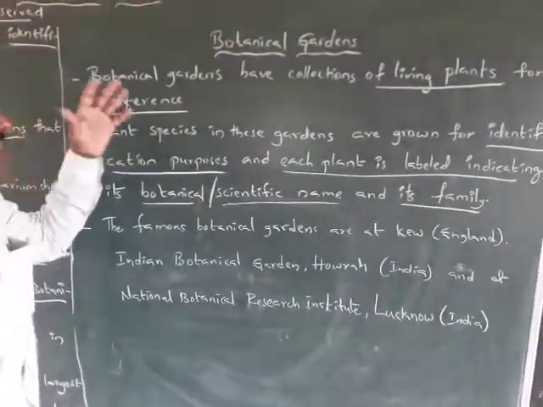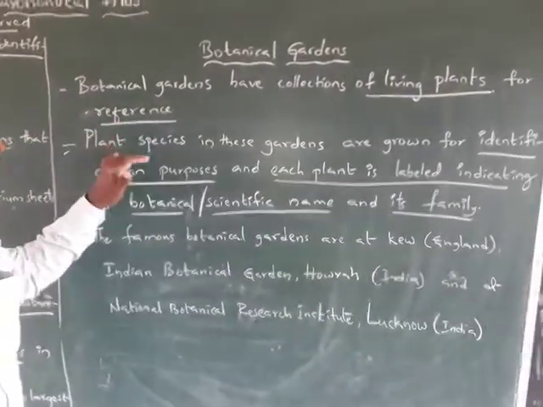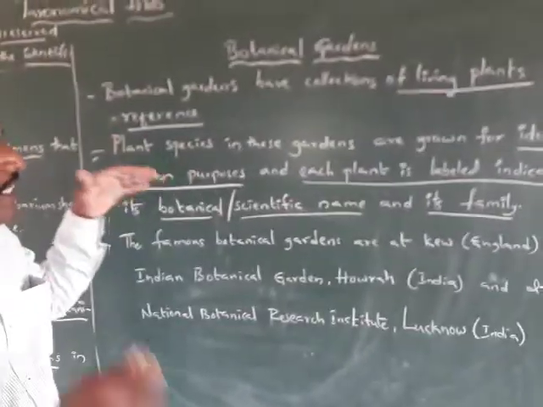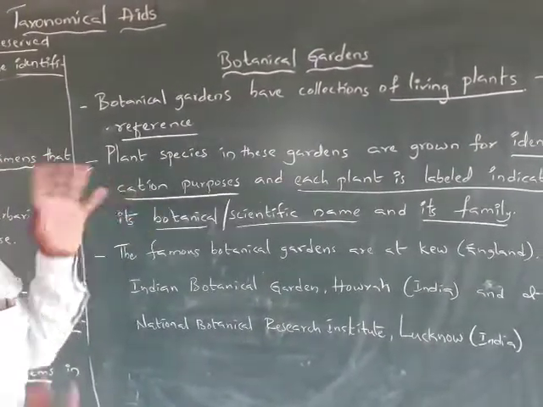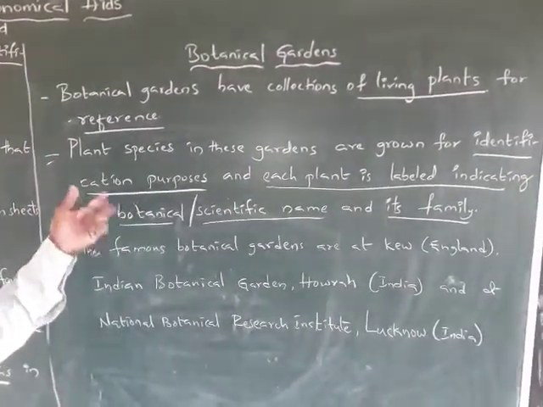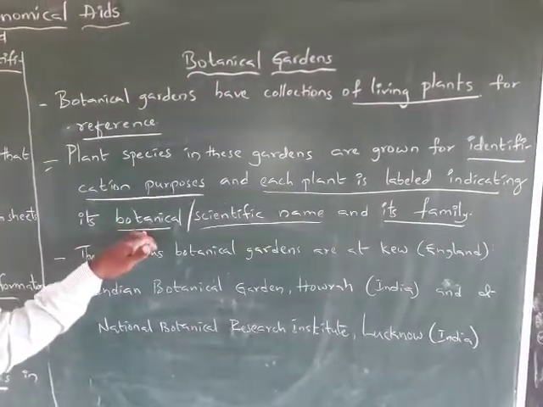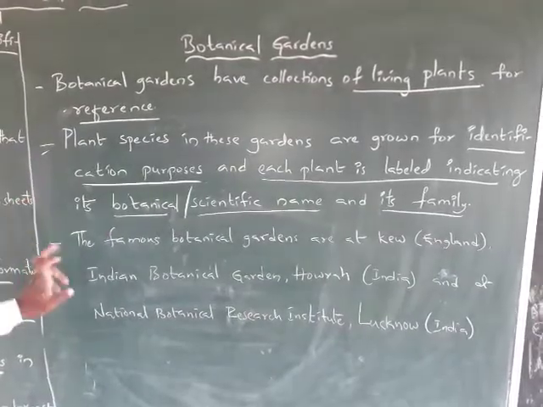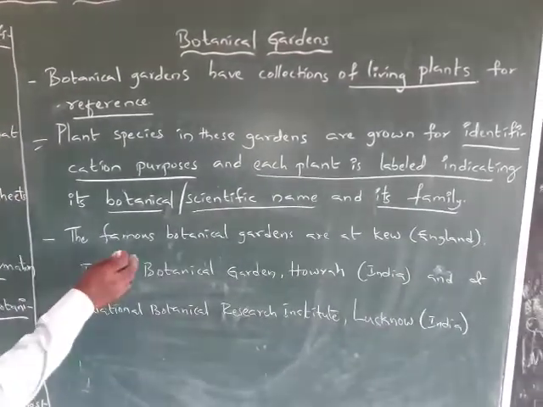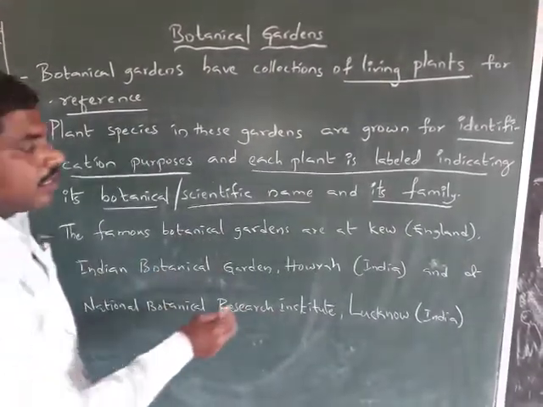In the botanical garden, living plants are there, and these living plants have tags. The tag contains the botanical names and their family names. The famous botanical gardens are at Kew.